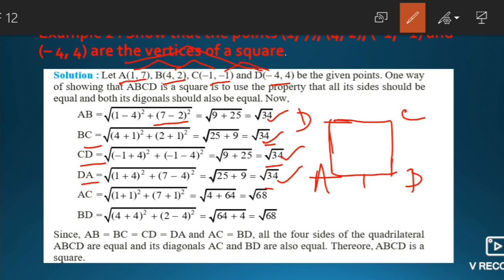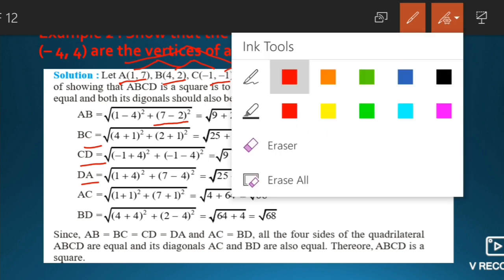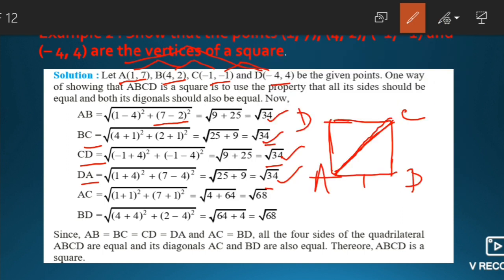Now I will find the length of the diagonal. For the diagonal, you have to find the distance between A and C. Take the points A and C and use the distance formula. The value will be root under 68.